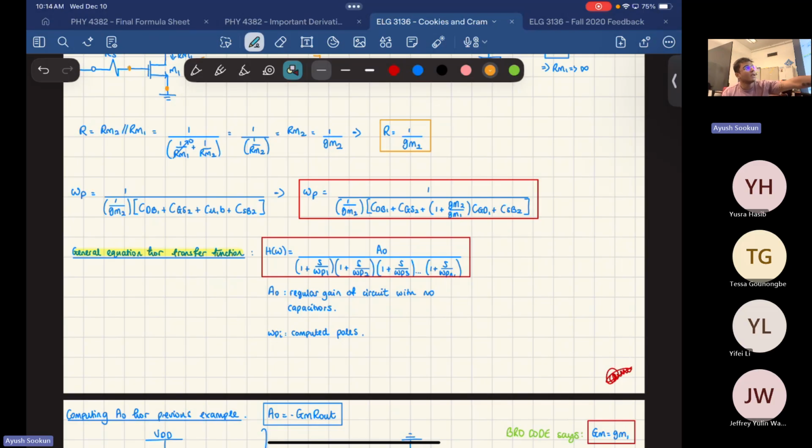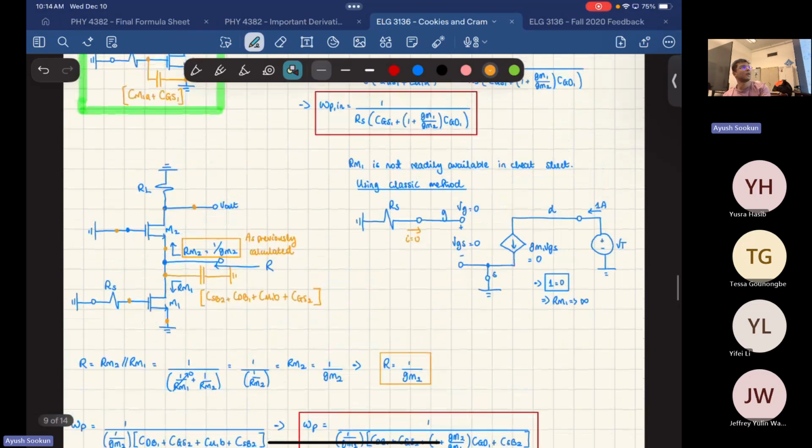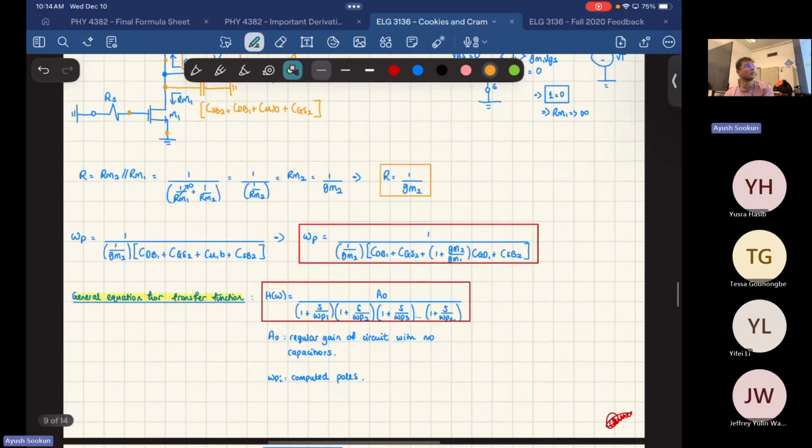And omega pi, so 1, 2, 3, up until n, those are the poles that you have calculated. So your denominator is just going to stop at the number of poles that you have in your circuit. In this case, how many poles do we have? 3 poles. So your equation is going to stop here, where omega p1, omega p2, omega p3 are just your omega p input, omega p output, and omega p.